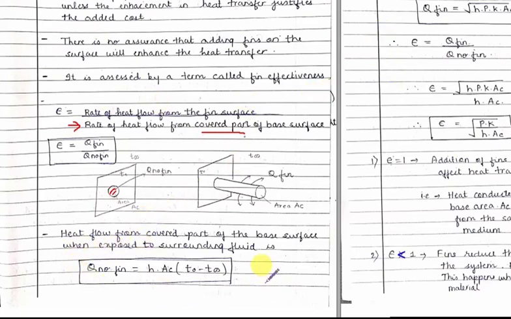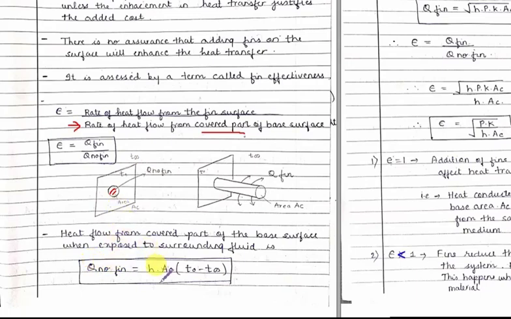So let's see now how we get the formula for effectiveness. All of you are aware that heat flow from the covered part of the base surface is exposed to the surrounding fluid. This circular part is exposed to the surrounding, that is T infinity. So Q no fin is nothing but the same.